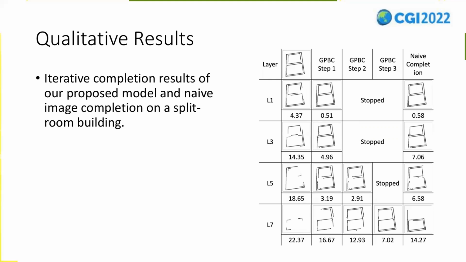As can be seen, as the incompleteness layer increases, so does the number of iterations. For example, layer 1 only takes 1 iteration. However, layer 7 takes up to 3 iterations. The figure also shows our approach produces the most complete footprints, especially in the upper layers, compared to the naive completion approach.